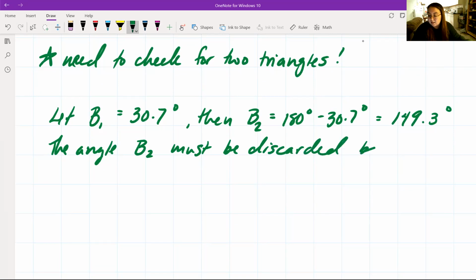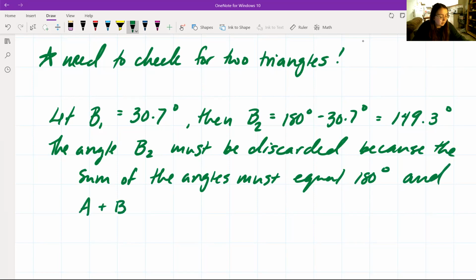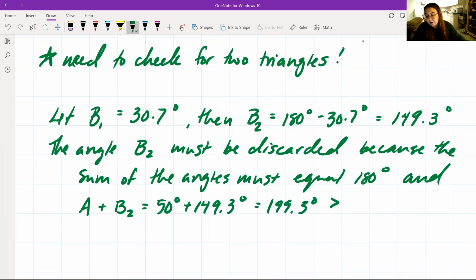It's discarded because the sum of the angles must equal 180 degrees, and A plus B sub 2 is equal to 50 degrees plus 149.3 degrees, which is equal to 199.3 degrees, which we obviously see is greater than 180 degrees.